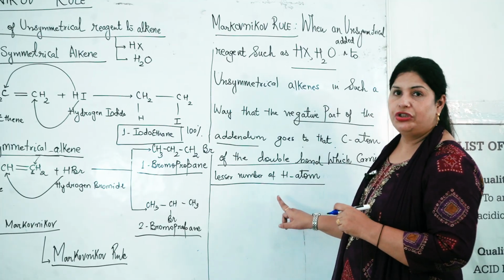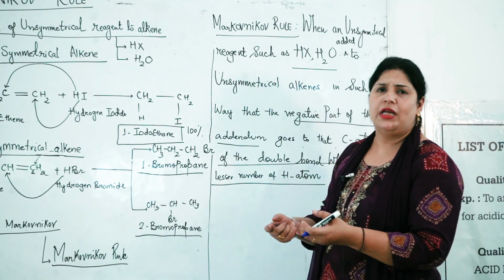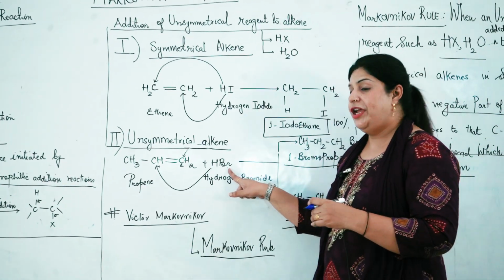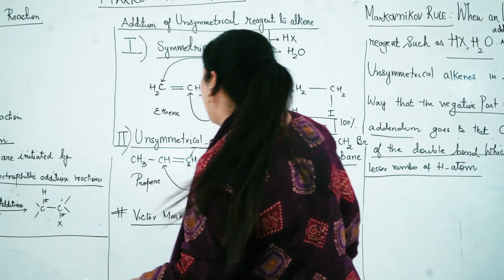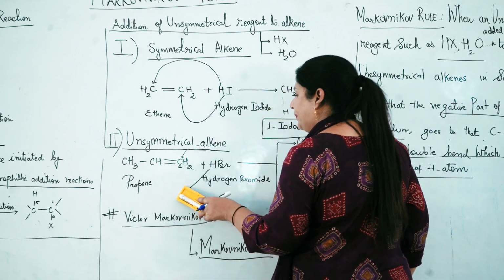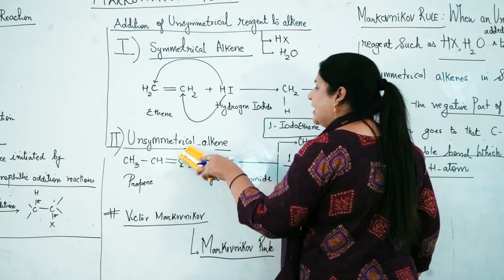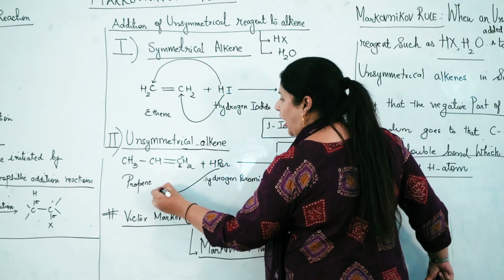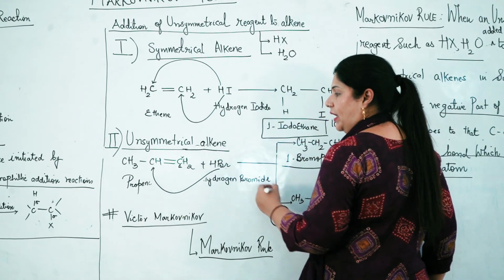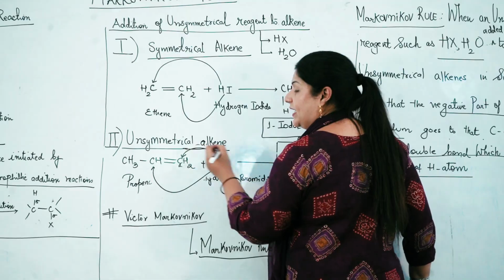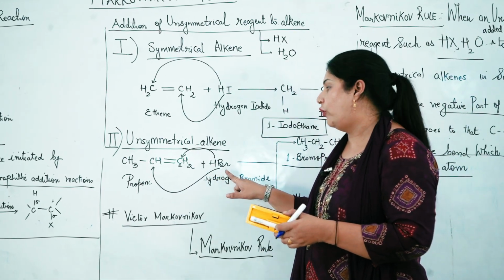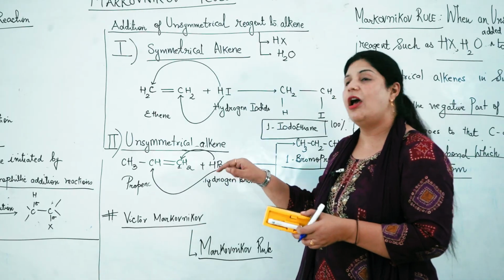So, according to this rule, which product should be in major yield? A bromide ion going to that double bonded carbon which is having lesser number of hydrogen. So, it should be carbon number 2, and since this is electrophilic addition reaction, it will be initiated by hydrogen followed by the addition of Br minus.